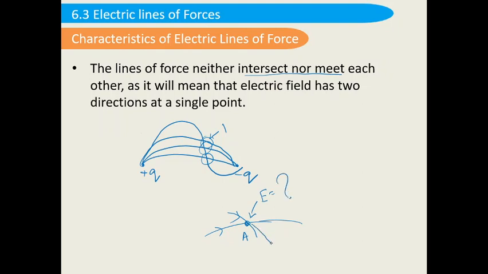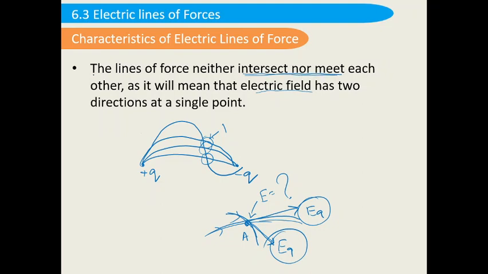Because of this line, the electric field will be in this direction, EA. Also, because of this line, the electric field will be in this direction. So there will be two directions at the same point. We would get two directions of electric field at the same point, which is not possible. That's why electric lines of forces are not going to intersect nor meet.